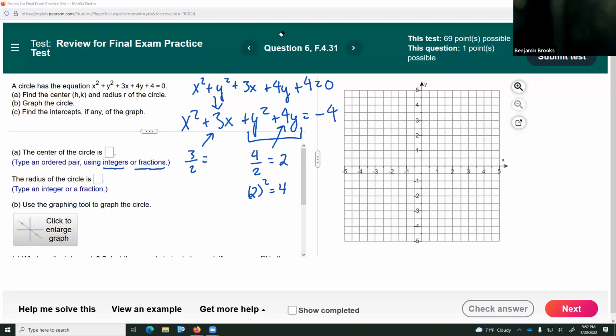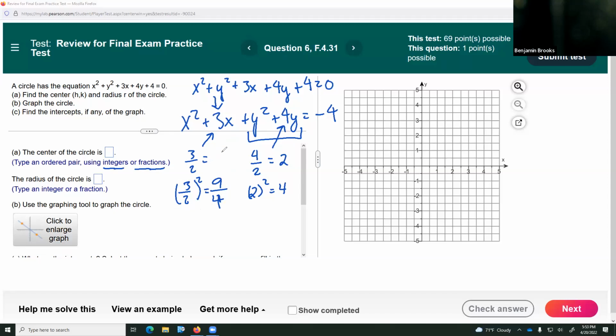And then if we do 3/2 squared, the way you square a fraction is you square the numerator and then square the denominator. So you end up with 9/4. You can see it's not that bad. It's not awful, but it's just not fun either.